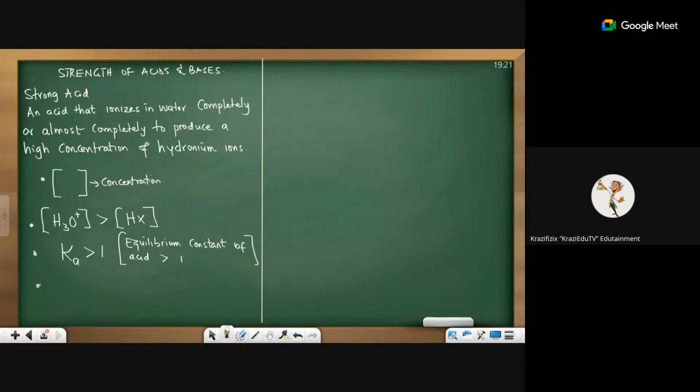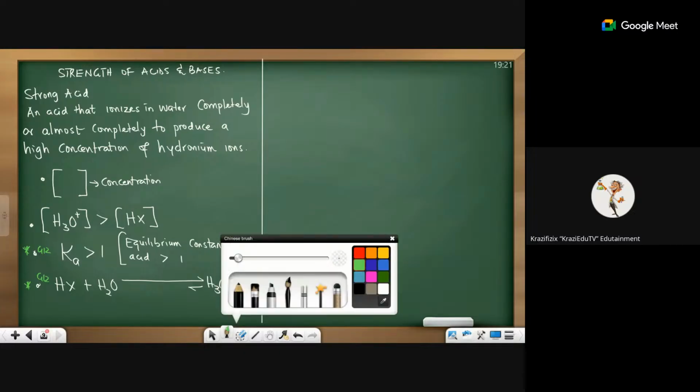Then the next one: X plus H2O gives H3O plus and X minus. I'm going to put a star on these two. Let's put grade 12 on them. There are some topics that we do, then you'll come back to them and say, this is what this guy was saying.